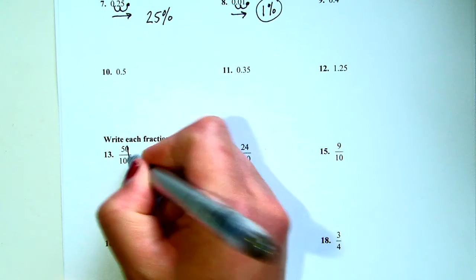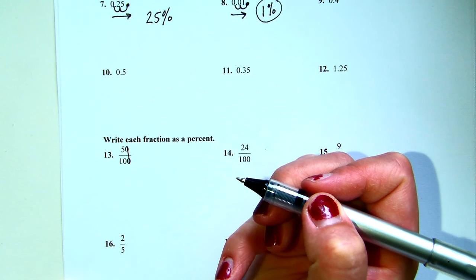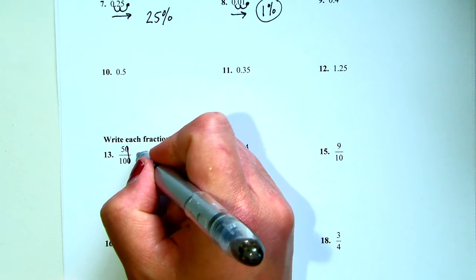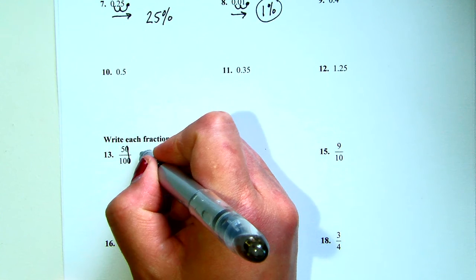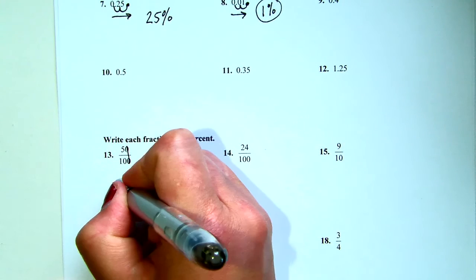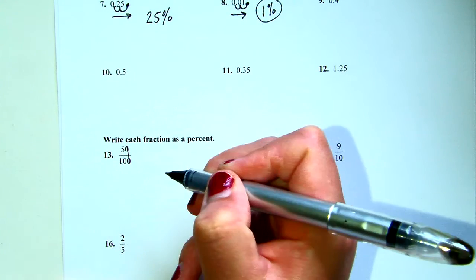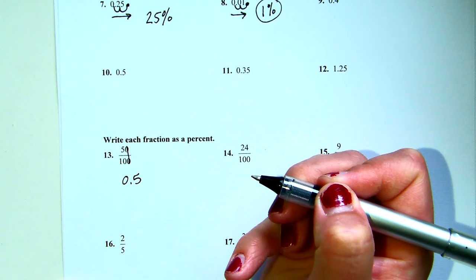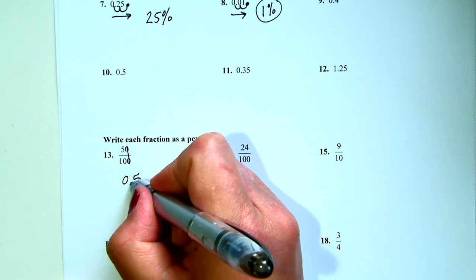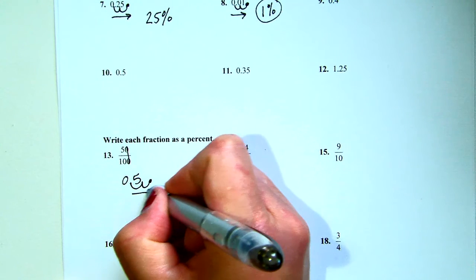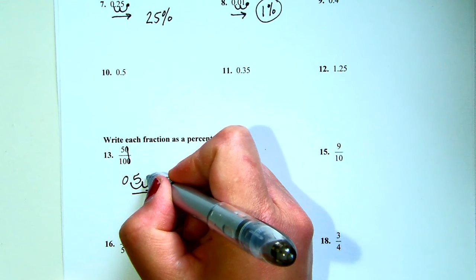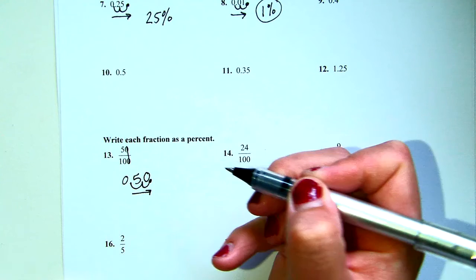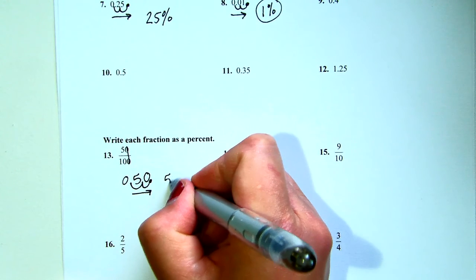That becomes 5 over 10. 5 over 10 becomes 1/2. 1/2 as a decimal is 0.5. Now, when I move my decimal 2 places to the right, I get an empty spot here. I've got to fill in that empty spot with a 0, so I end up with 50%.